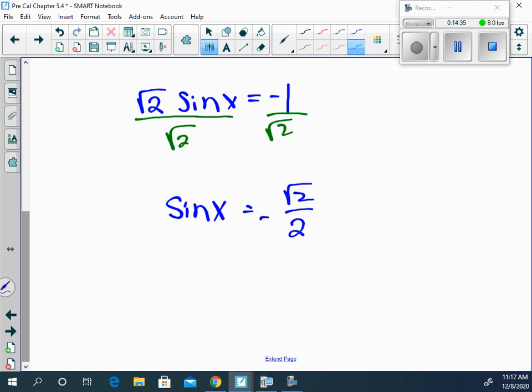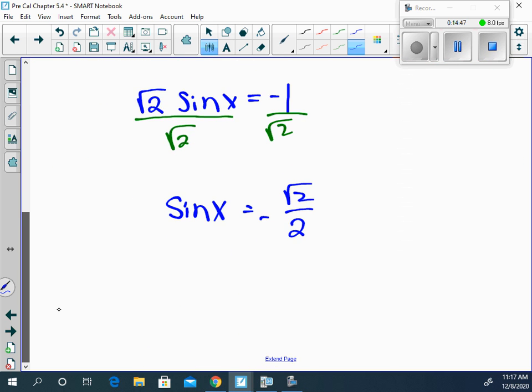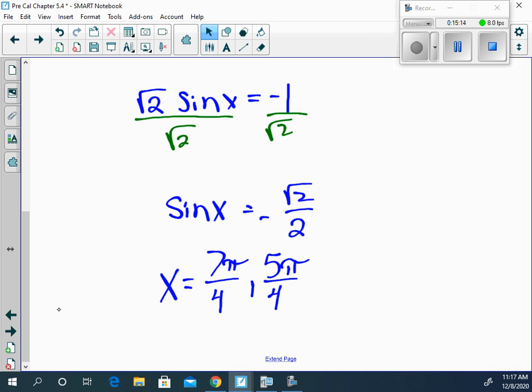Now, let's look back at the top. Find all solutions on the interval of 0 to 2 pi. So we have restrictions. Where is sine of x equal to negative square root 2 over 2? They're going to be in the third and fourth quadrants: 5 pi over 4 and 7 pi over 4. You wouldn't add 2 pi because we're on the interval of 0 to 2 pi.